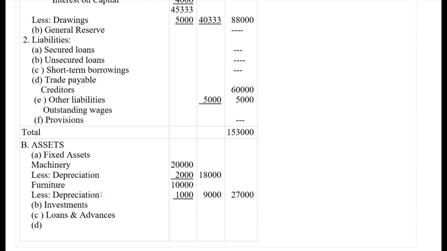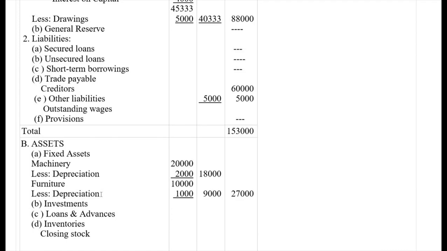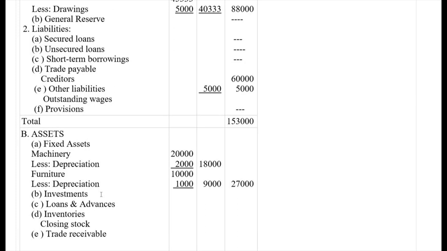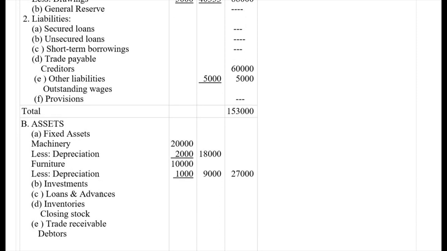So D, inventories. Here we have got a closing stock. Then we have got E, trade receivables. Under this we have got debtors less RDD.